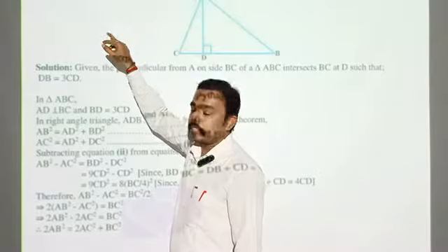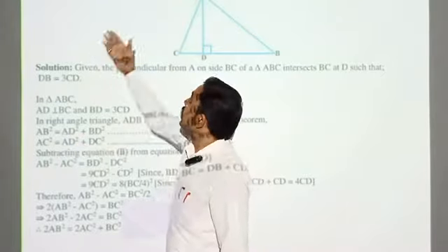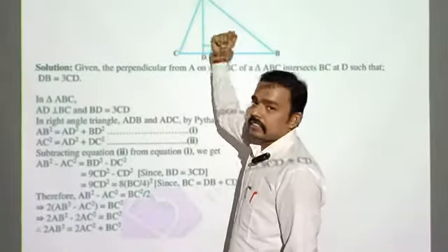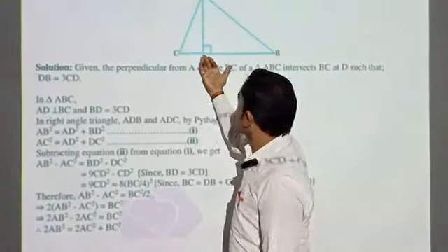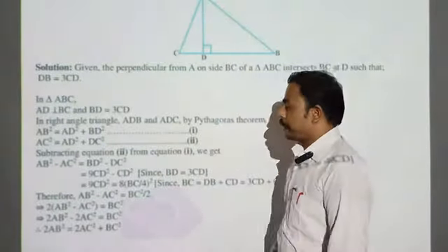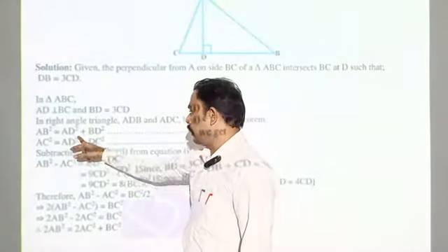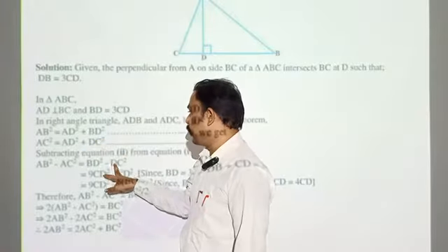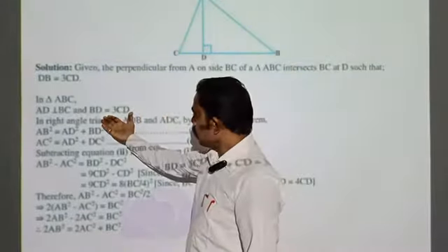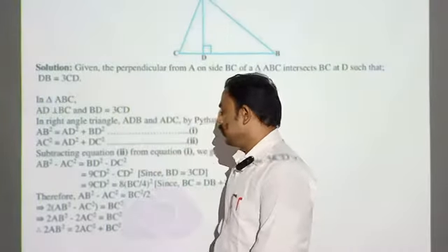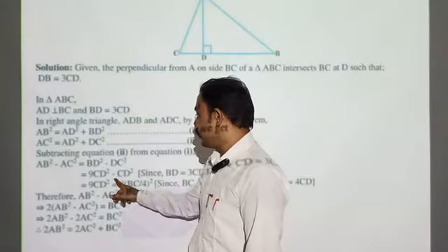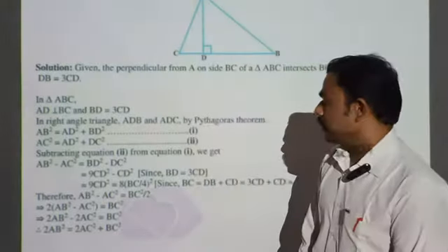Another term is nothing but BC, and that relation is given, so substitute it. AD squared cancels, leaving BD squared minus DC squared. Already you have BD equal to 3 times CD, so substitute 3CD the whole square: 9CD squared minus CD squared is 8CD squared.